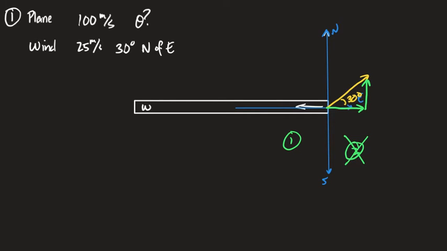We want to be traveling to the west. So I think it best for us to say that the plane must be facing somewhere in this third quadrant. I don't know how much, but I'm just going to make up some picture of what the plane is doing. Okay? Now, I'm going to set this aside.